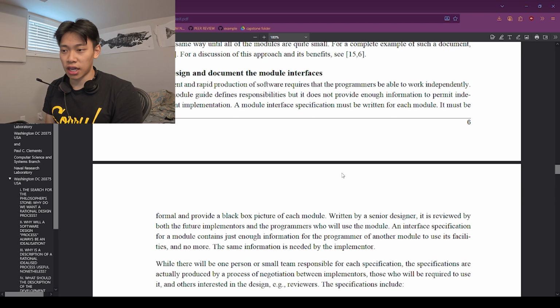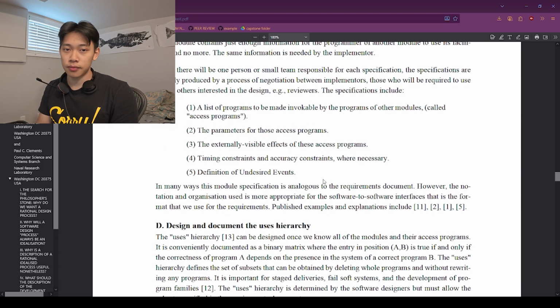Written by a senior designer, it is reviewed by both the future implementers and the programmers who will use the module. An interface specification for a module contains just enough information for the programmer of another module to use its facilities and no more. The same information is needed by the implementer.